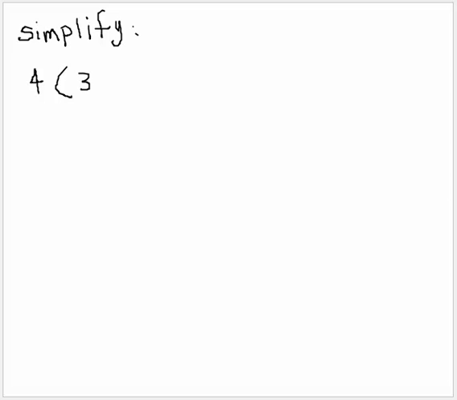Then we open parentheses, 3x minus 3 inside the parentheses plus 10. To simplify this, we have to distribute and combine like terms.